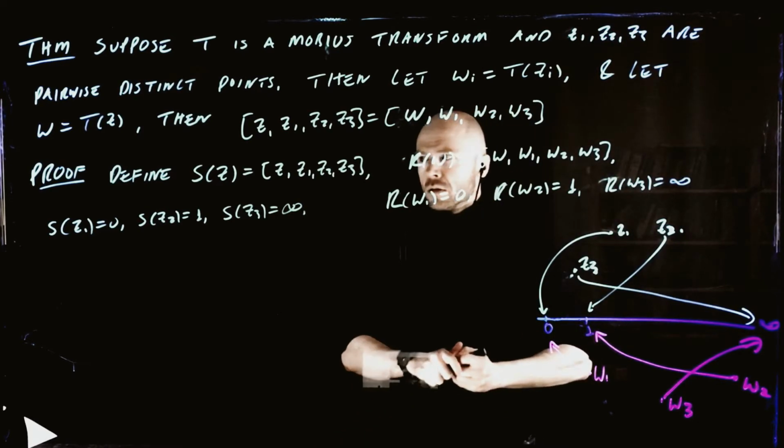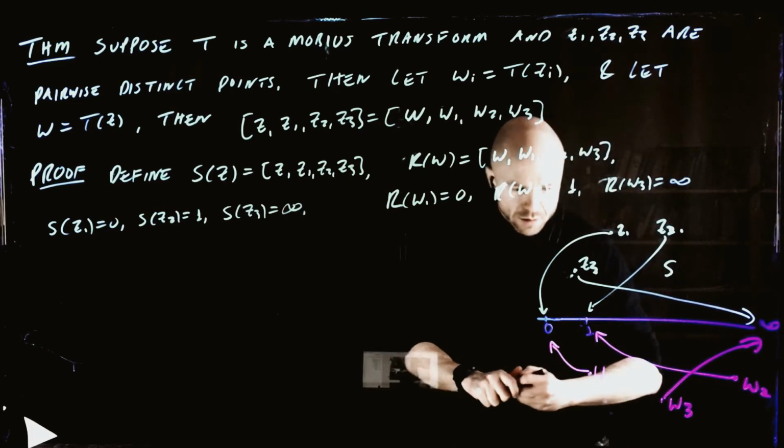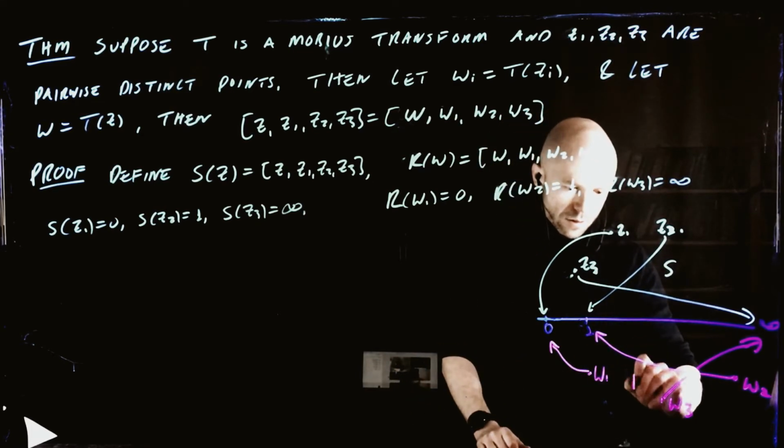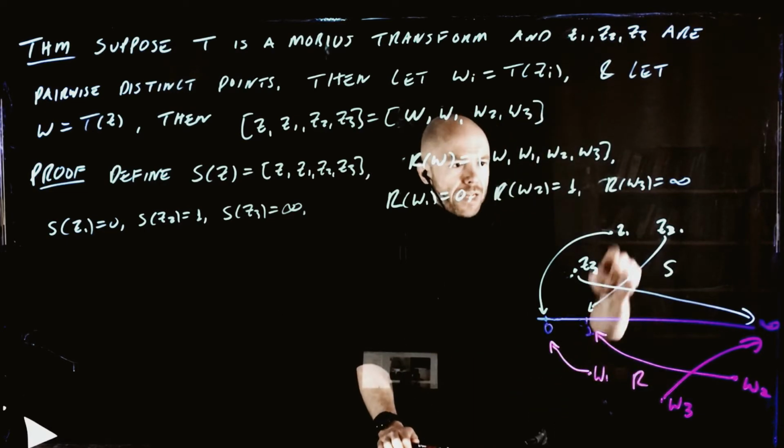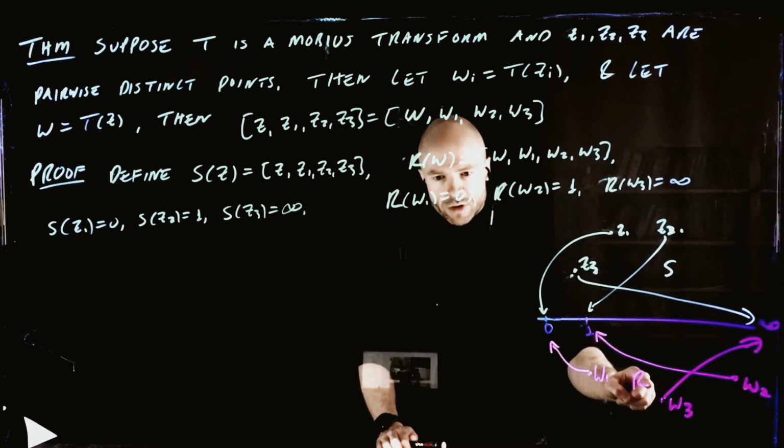So this is our guy S, and this is our guy R. We can take Z1, send it to 0 with S, and then send it to W1 with R inverse, as you see from the picture.